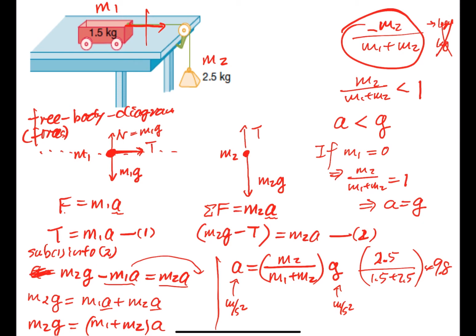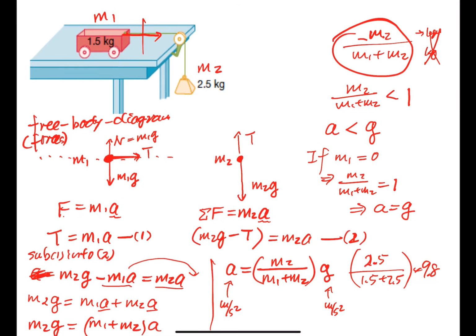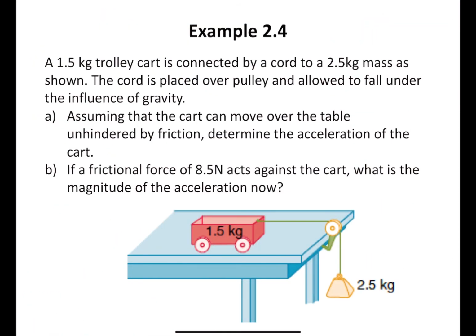There's a second part which has friction. I challenge you. I'll give you a hint. If the second part has friction, the only thing different is this law: T minus 8.5 equals M1A.